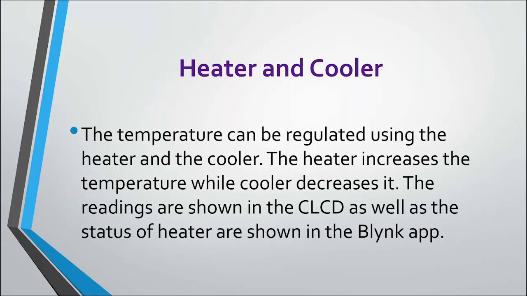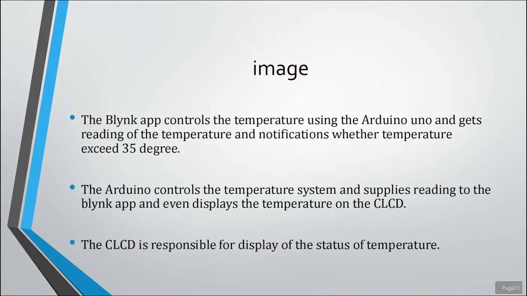as the status of the heater is shown in the Blink app, which must be installed on the Android phone. The Blink app controls the temperature using the Arduino Uno, gets the temperature reading, and also sends a notification whether the temperature exceeds 35 degrees or not.